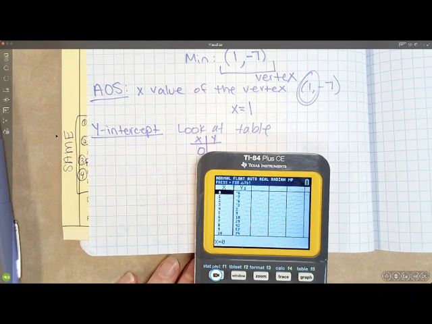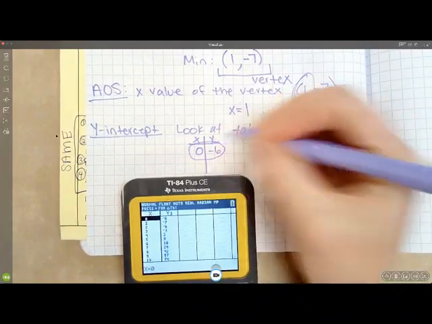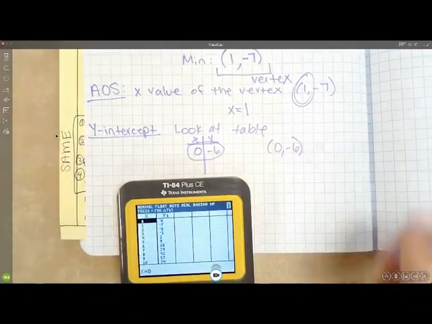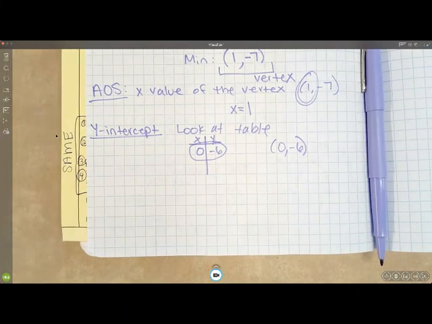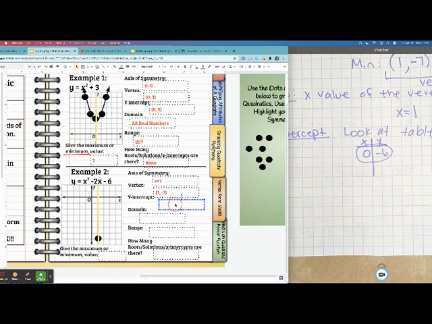Let's look at our table. When x is 0, that's -6. So 0, -6 would be right here.